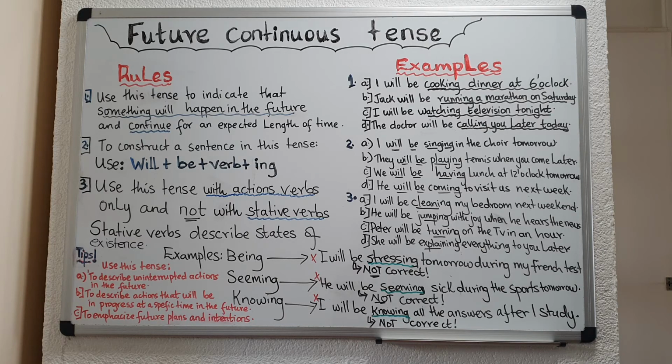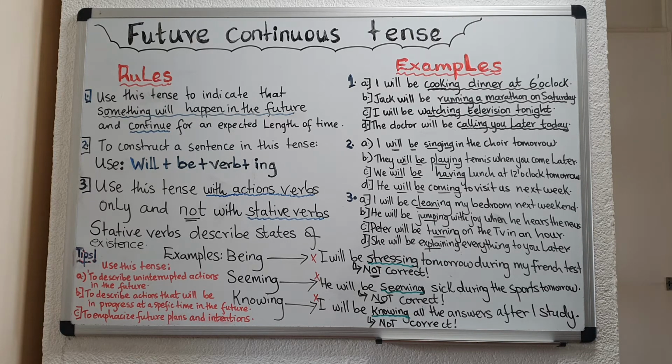Now, some examples of stative verbs are being. In the verb being, nobody is doing anything. They're just in that state. They're immobile. They're not doing anything. And then seeming. That's also an example of a stative verb, because it's not a doing verb.